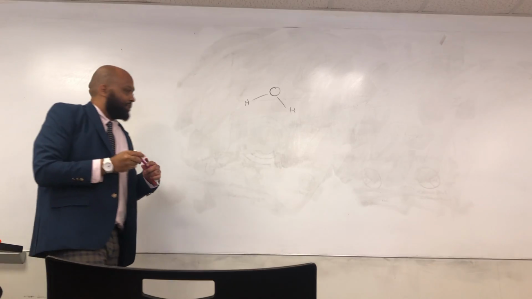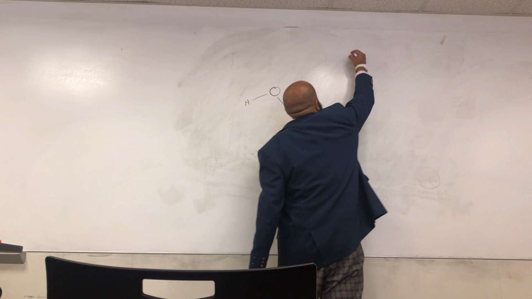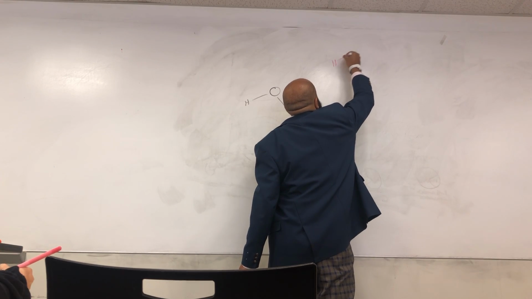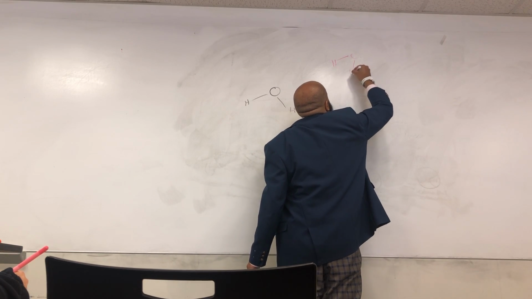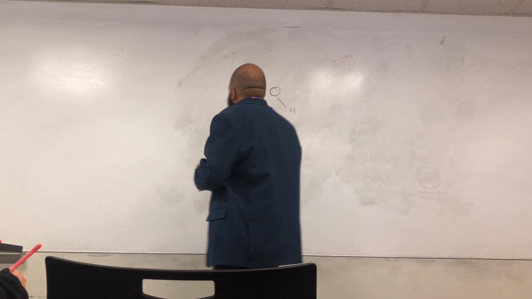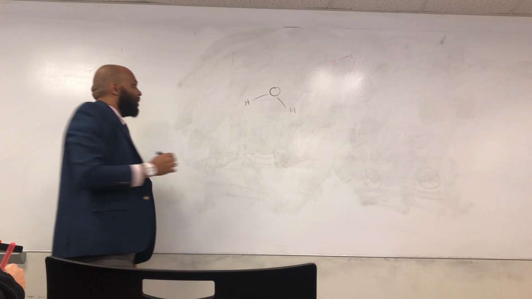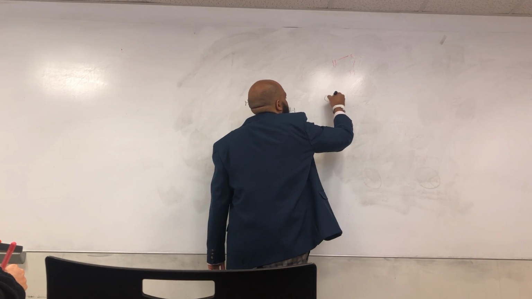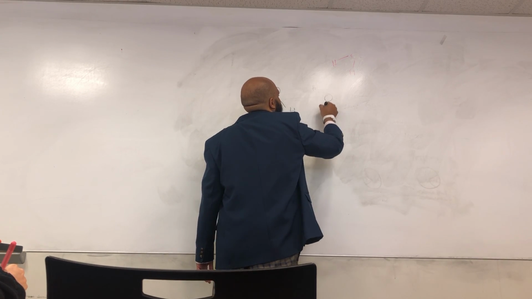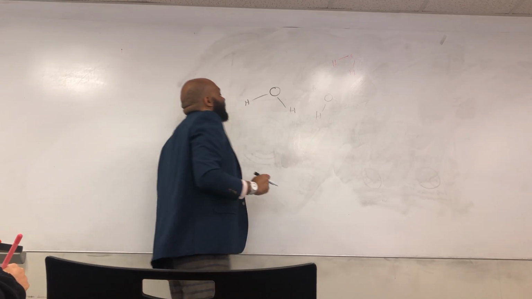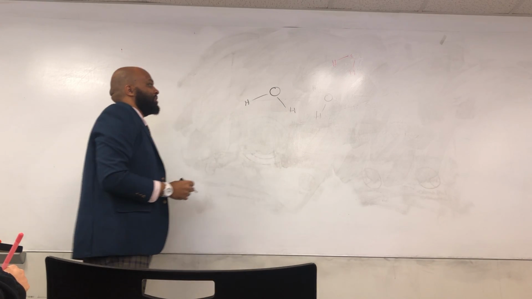O with two H's and H here, O with two H's. So what is the relationship now? When you look at water, water looks like this. O with two H's. Now how are they connected, the O with two H's?